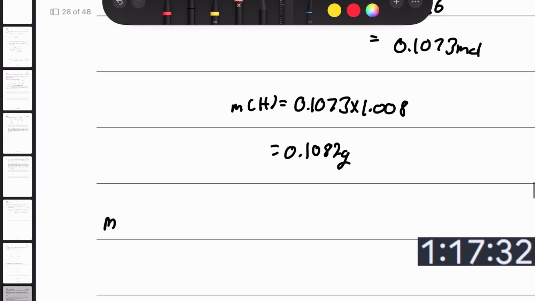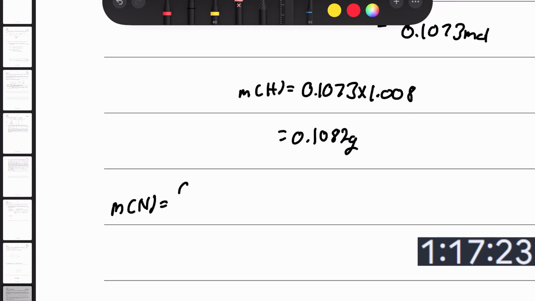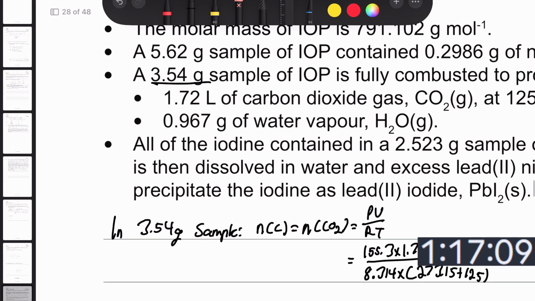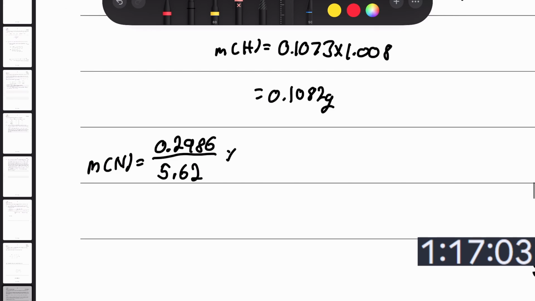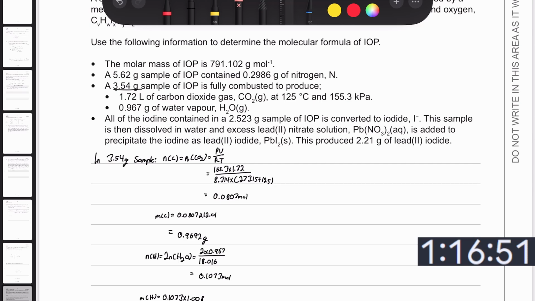Then we have the mass of nitrogen, which can be equal to 0.2986 divided by, so what I'm going to do here is I'm going to find the mass of nitrogen per 1 gram of the iopromide, and then I'm going to times it by the 3.54. I'm going to bring everything to the 3.54 gram sample. So 0.2986 divided by 5.62 times 3.54.